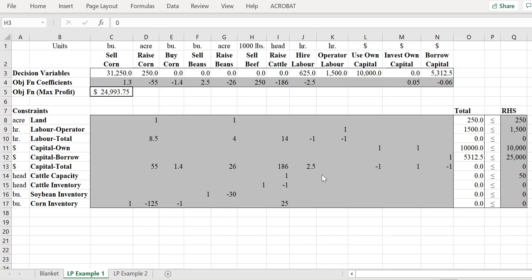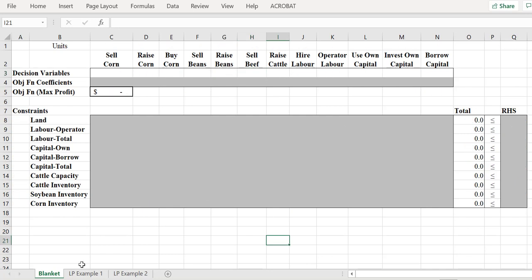Okay, let me show you the two different settings of this linear programming problem. In this Excel, there are three tabs. This blank one is where I got rid of all the coefficients. If you want to practice, you should try yourself without looking at the other tabs.